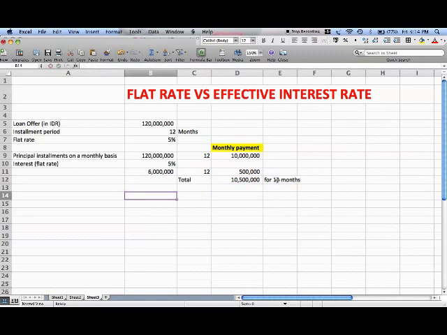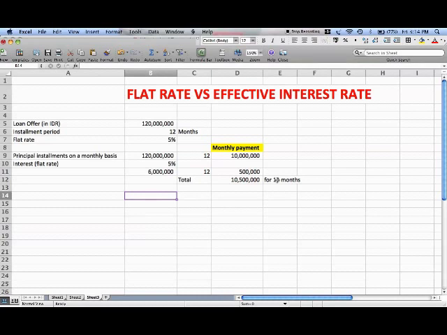Let me put it in a timeline, as I think it's very critical that every time you have a loan offer, you review whether the loan in terms of interest can compare with other interest rates, whether it's quite reasonable.